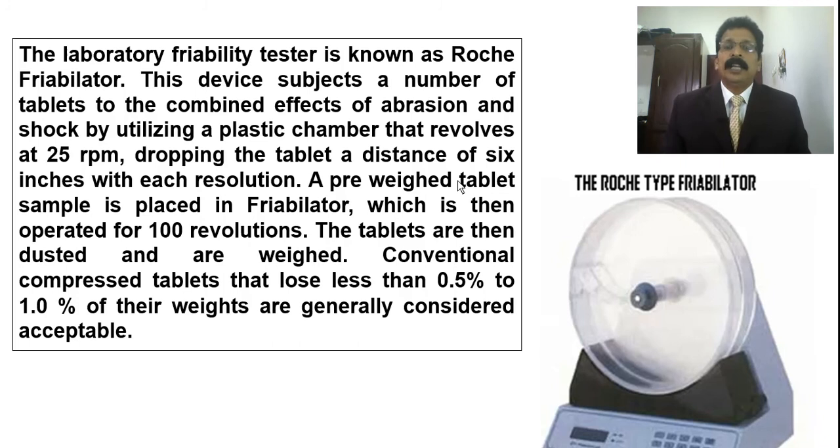This device subjects a number of tablets to the combined effect of abrasion and shock by utilizing a plastic chamber that revolves at 25 rpm, dropping the tablet a distance of 6 inches with each revolution. So a pre-weighed tablet sample is placed in the friability, which is then operated for 100 revolutions.